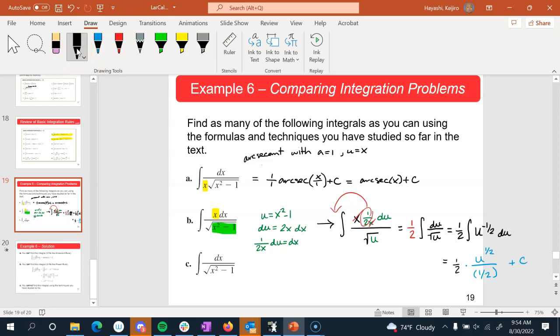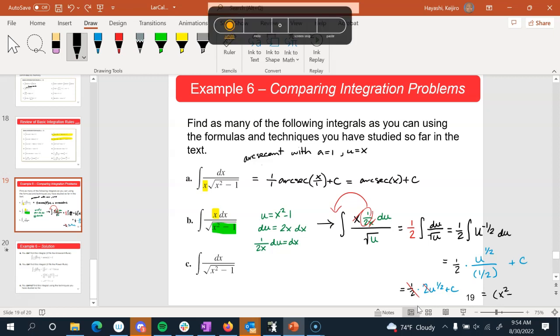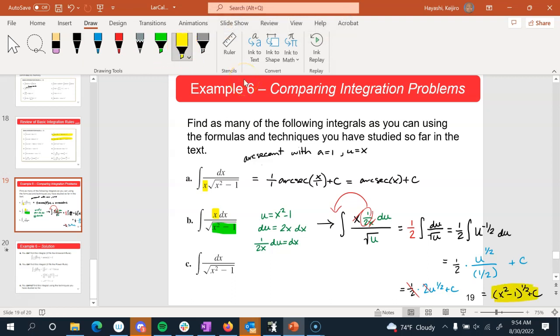Dividing by anything is the same as multiplying by its reciprocal. So this is going to be 1/2 times 2u to the 1/2 plus c. Well, that 1/2 and that 2 are going to cancel out. And so we just have u to the 1/2 plus c, which is, what was u? x squared minus 1, to the 1/2 plus c. That is the antiderivative. If you want to write it as a square root, you can say this is the square root of x squared minus 1 plus c. But this is fine too.